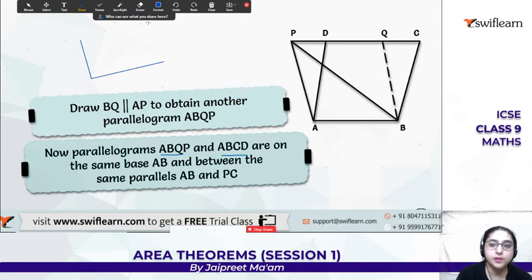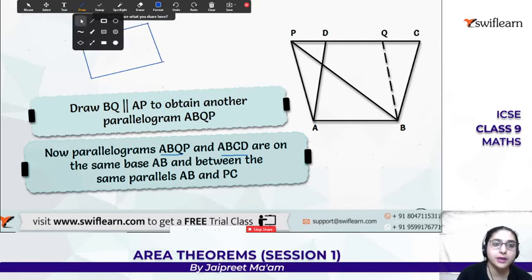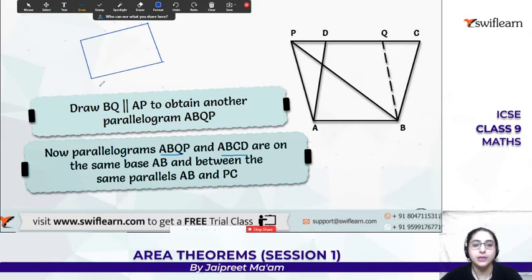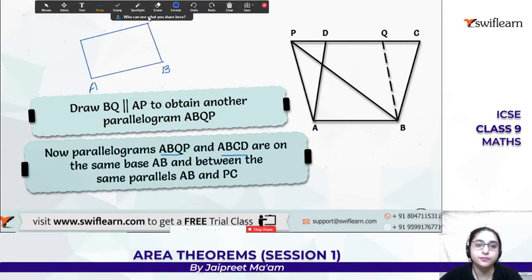First we will draw ABQP. So it will be like this. I'm writing the names: AB is the base, and Q is here and P is here.